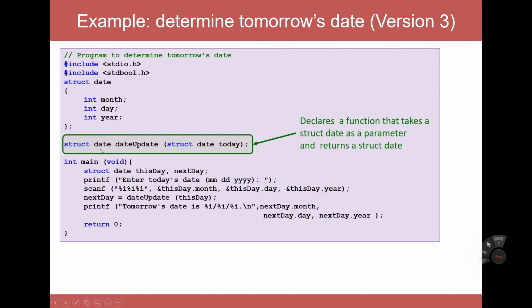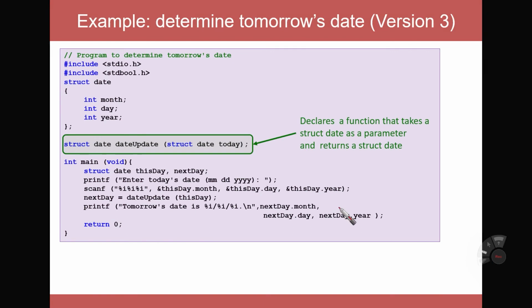So for example, I give it today, it will give me tomorrow. Okay, so it's very simple. You can give today here, and then it will return back one structure variable. So this is a function to update date.